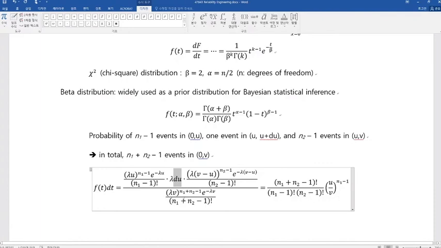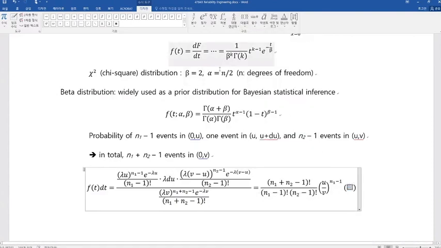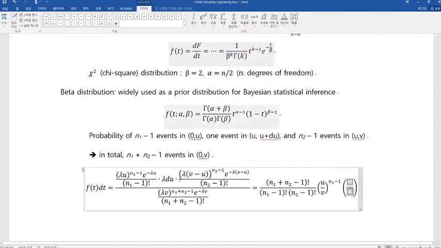What will remain is the first u, the ratio between u and v, and because we still have du here, this du will also be divided by v.